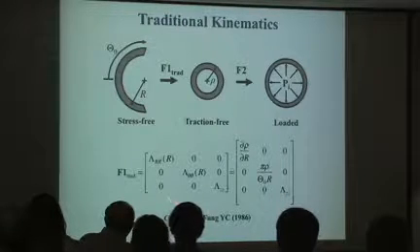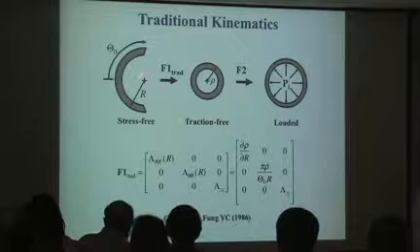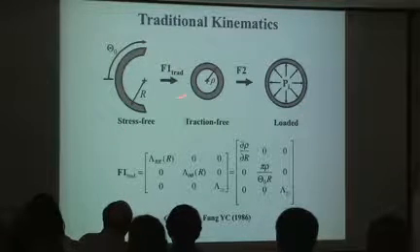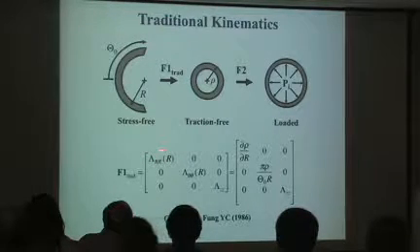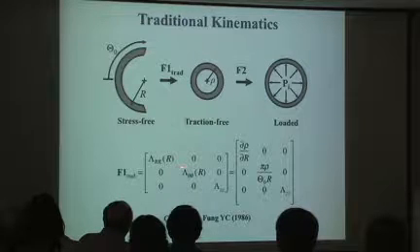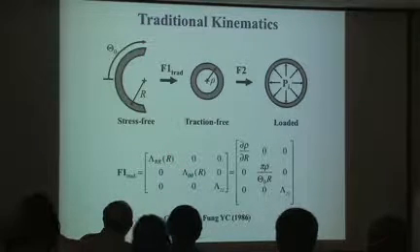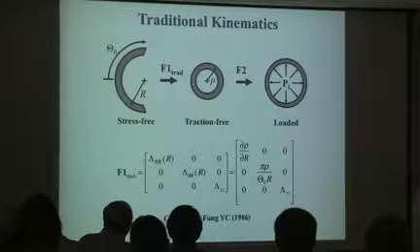So here's the kinematics going from the stress-free configuration to the loaded to the traction-free configuration. And in traditional kinematics, we have this is the radial stretch, this is the circumferential stretch, and this is the axial stretch. And following the approach of Chang and Fung, the circumferential and radial stretches are a function of position in the wall, but the axial stretch was assumed constant across the wall.